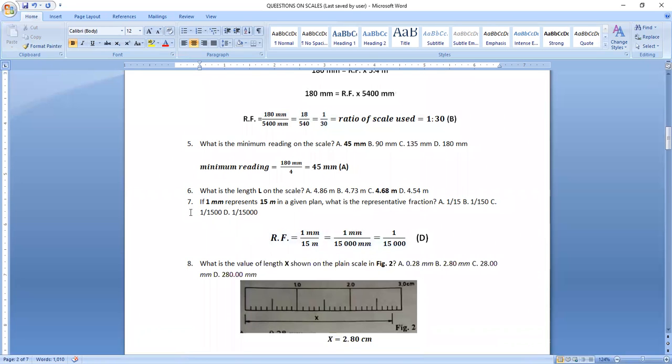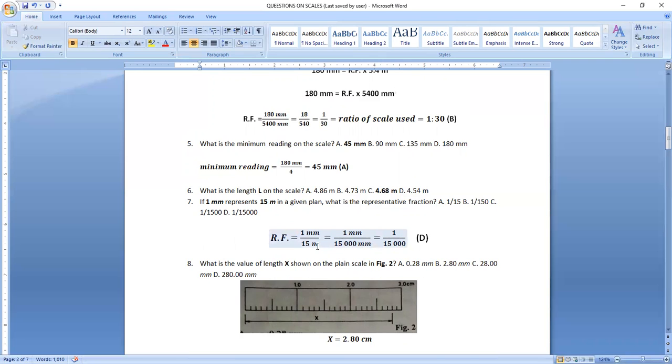Then we come to question 7. If 1 millimeter represents 15 meters in a given plan, what is the representative fraction? RF is equal to length on drawing over actual length. The length on drawing is 1 millimeter and the actual length is 15 meters. By conversion, we have 1 millimeter divided by 15,000 millimeters.